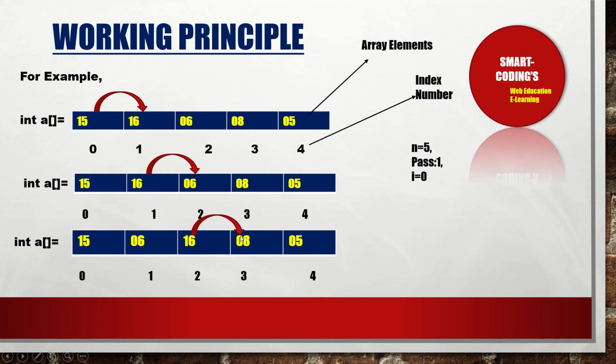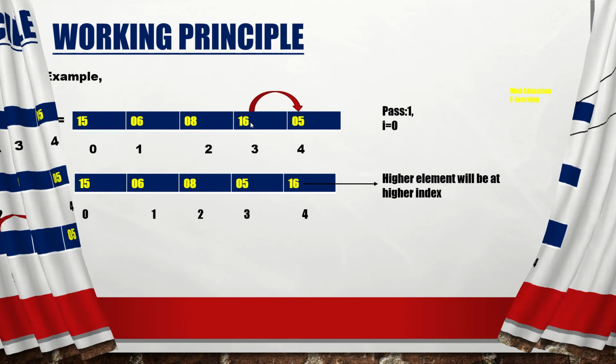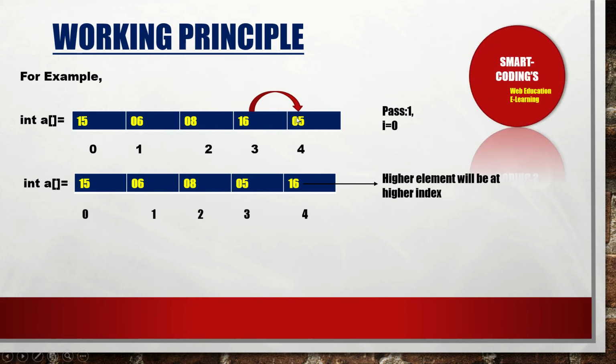Again this is checked, it is 8 here, 16 here, and finally 16 and 5, swapping required. So finally 16 is at the end. What you have noticed, students, is that at the end of pass 1, the highest element, the biggest element in the array, is automatically in its correct position, at the highest index. The next higher element is 15, so at the end of pass 2, you will notice that 15 will be in its correct position here.